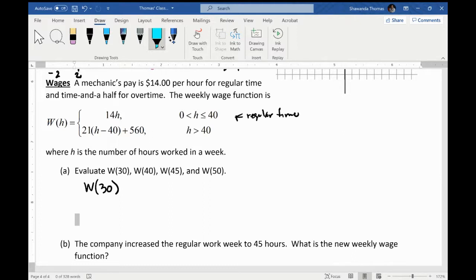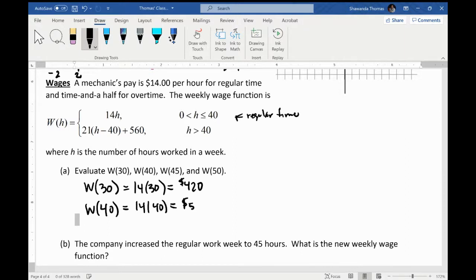All right, so W of 30 equals 14 times 30, which equals what? 420. Thank you, 420. All right, what about W of 40? You probably already know that, but do it anyway. 560. We kind of just explained it, didn't we? All right, 560.